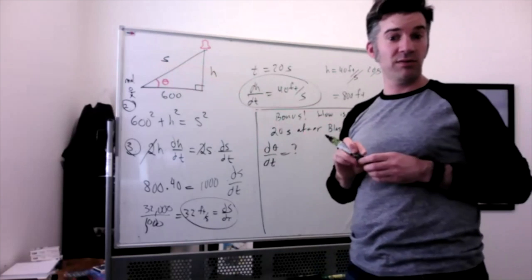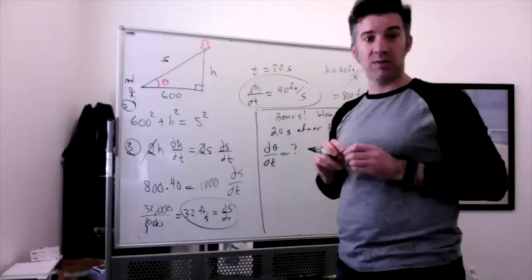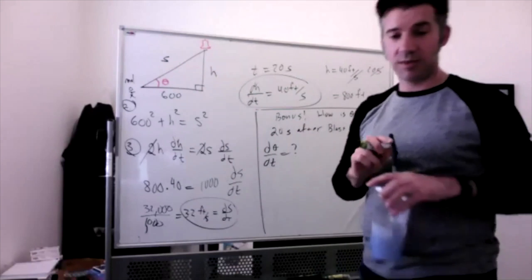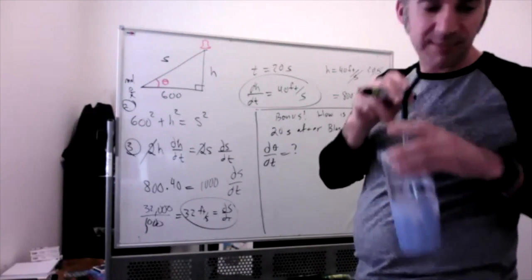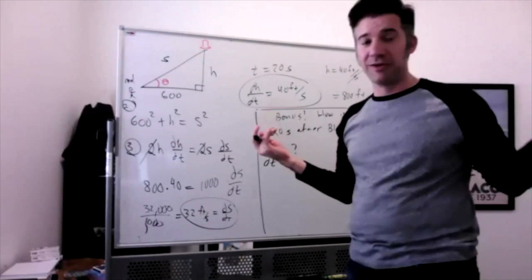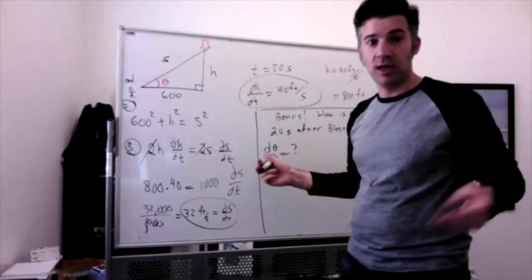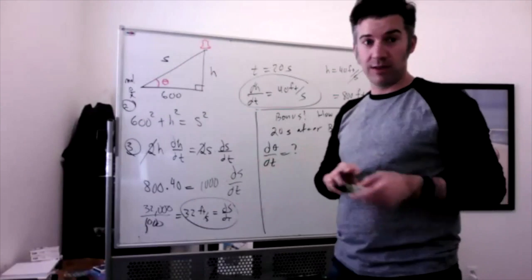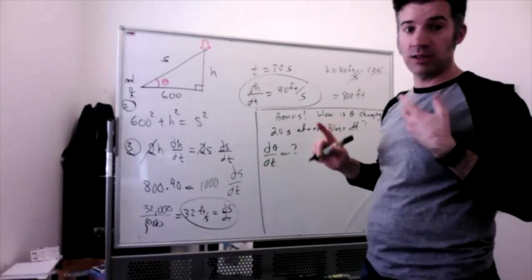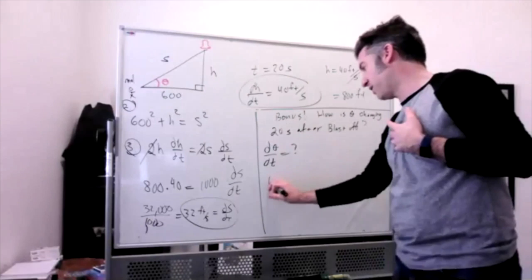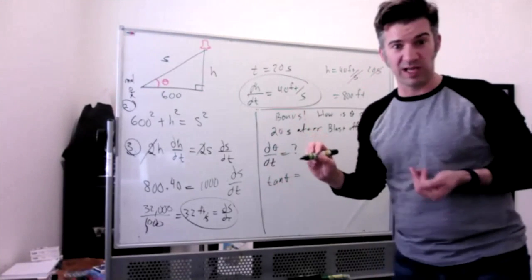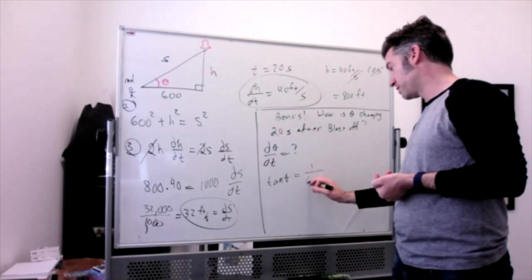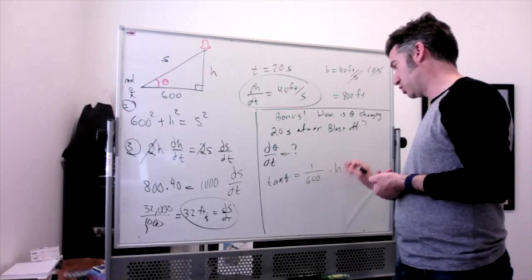Is there another option? Anyone else want to tell me the less favored stepbrother of tangent? Yeah, exactly. Well, stepbrother might not be right, it's the co-function of tangent. Yeah, you can also use cotangent. Now, I will point out, in this case, I would use tangent because tangent of theta is equal to h over 600, or as I'm going to write, 1 over 600 times h.